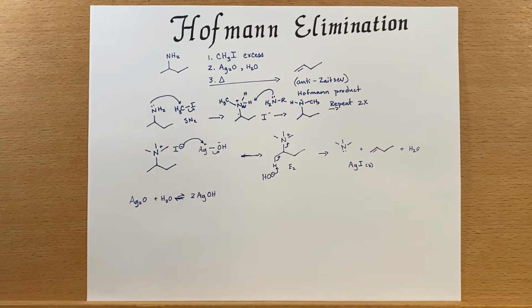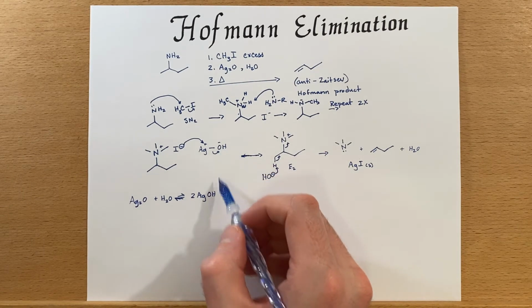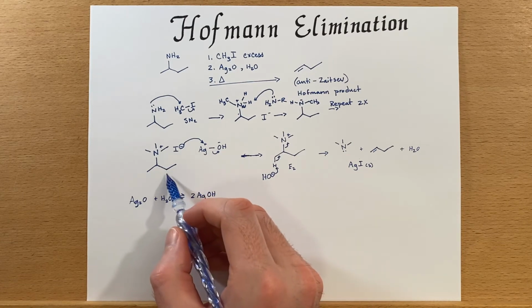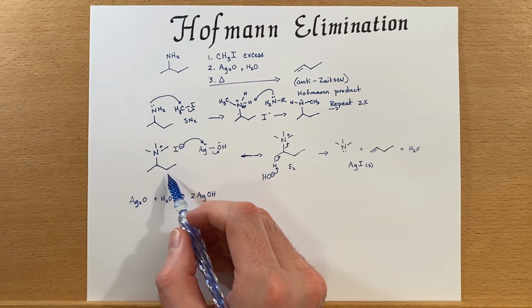Now, you might say, well, why does this happen in the anti-Zaitsev product? Because we have hydroxide, and generally when we put hydroxide in a solution, we would expect it to deprotonate here.